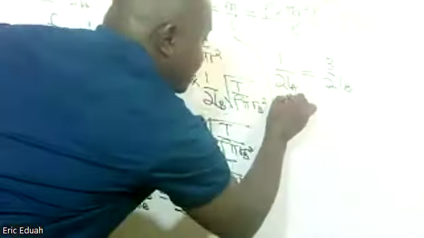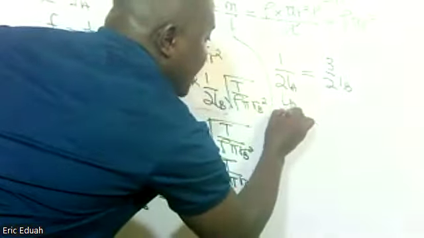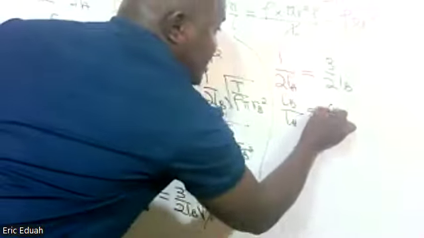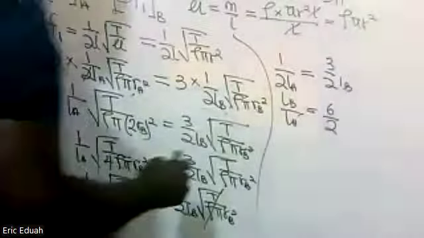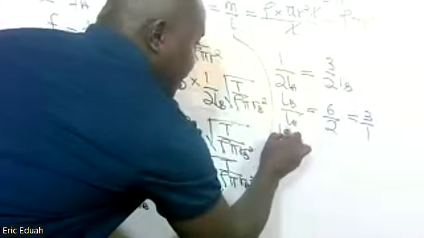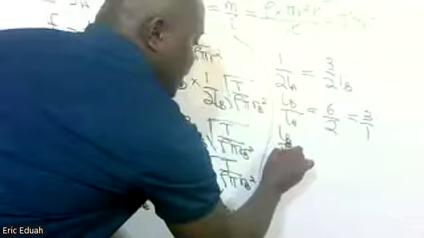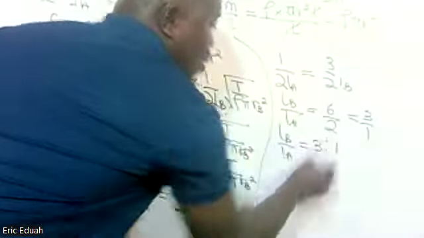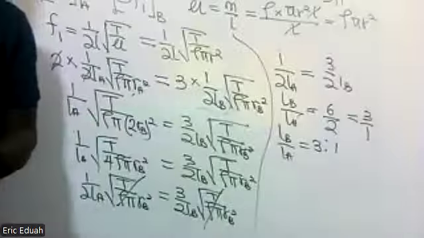We'll have LB over LA being equal to 2 times 3 on 2, which is 6 on 2, and 6 on 2 is equal to 3 on 1. So the ratio of LB on LA will be equal to 3:1 or 1:3.